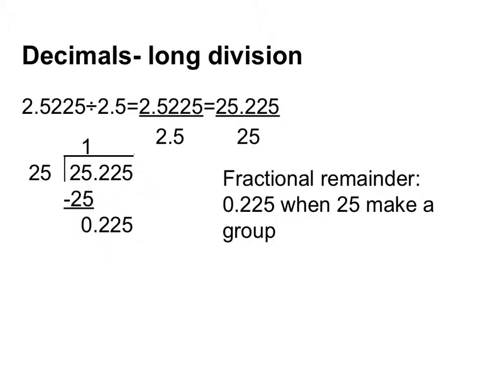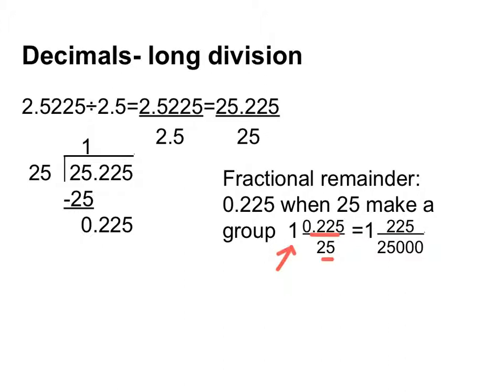If I want a fractional remainder, this is going to be exactly like what we were doing with the whole numbers. A fractional remainder, 225 thousandths, 25 make a group. So I know that my answer is 25 goes in one time completely, and then my remainder divided by my divisor.